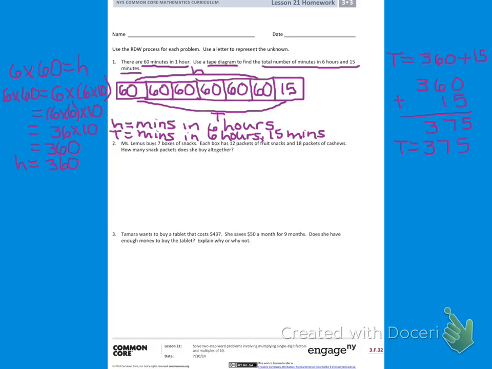All right, I've done the R part, I've read the problem, I've done the D part, I've drawn out how to solve the problem. The only thing I have left to do is the W part. That means write the answer. Since it's a word problem, I'm going to write the answer in words. We were supposed to find out the total number of minutes in 6 hours and 15 minutes.